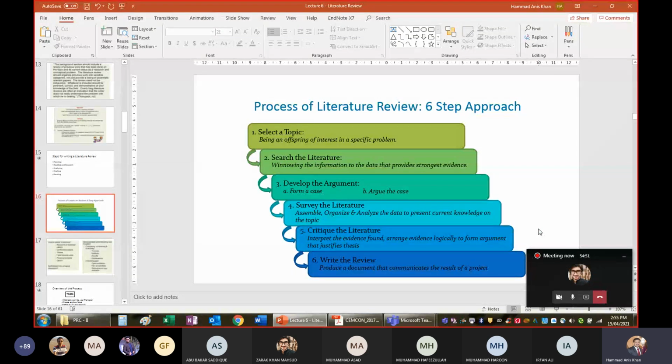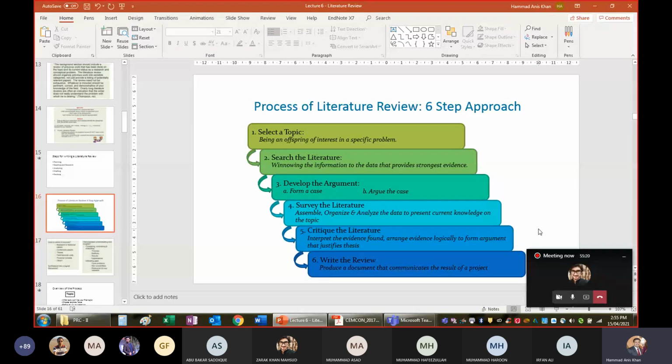And then after that, you again do the literature review: assemble, organize, analyze the data from the past till now. So you have to organize it. You can skip some topics, you can add some topics, and then you can critique the literature, like interpret the evidence found, arrange evidence logically to form an argument that justifies the thesis.